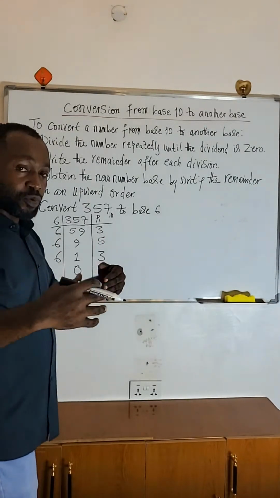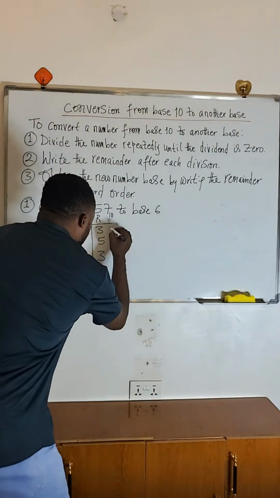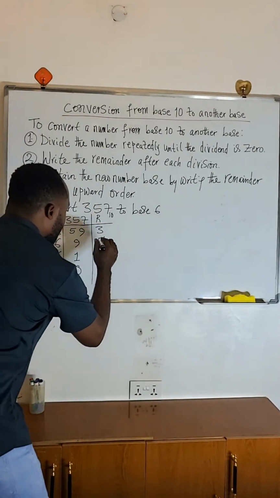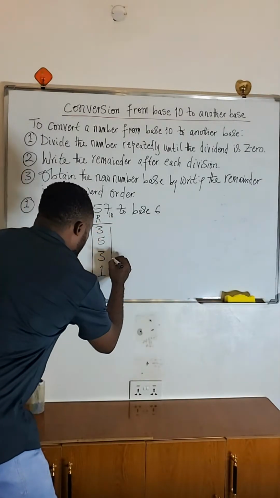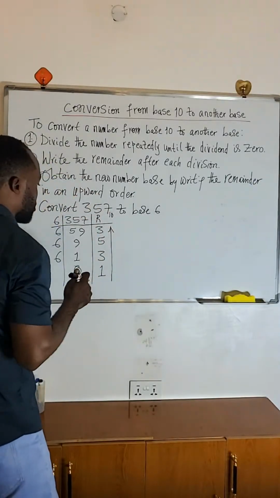So for you to be able to write your result, in an upward order, this is the remainder column. You copy it this way, from here upward.